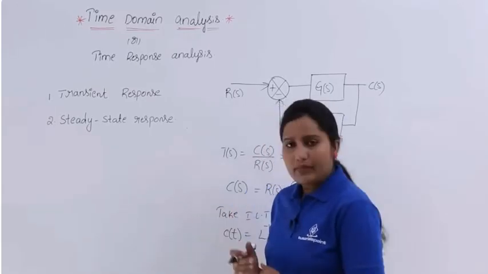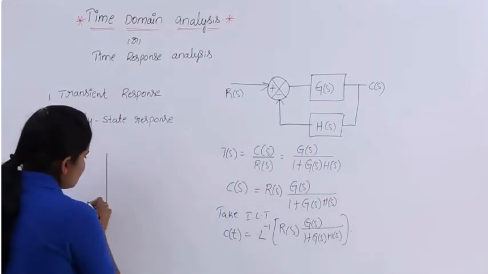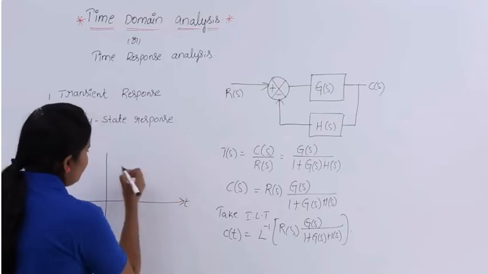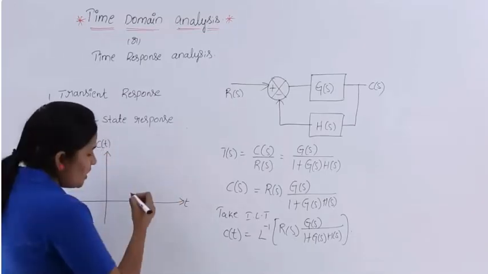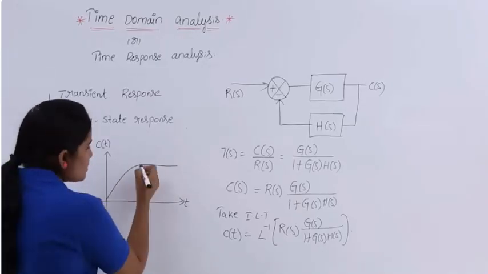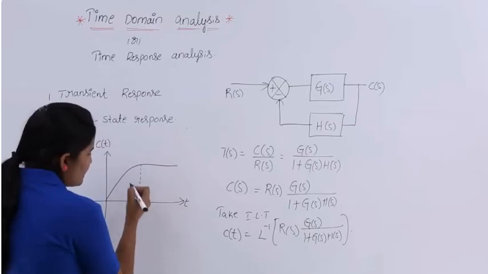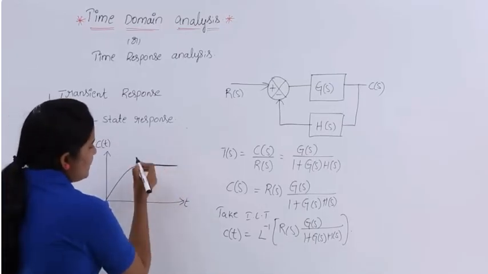For example, if you have a response C of t, with t on the x axis and C of t on the y axis, and your response looks like this, up to here it is varying, and from here to here it is constant.